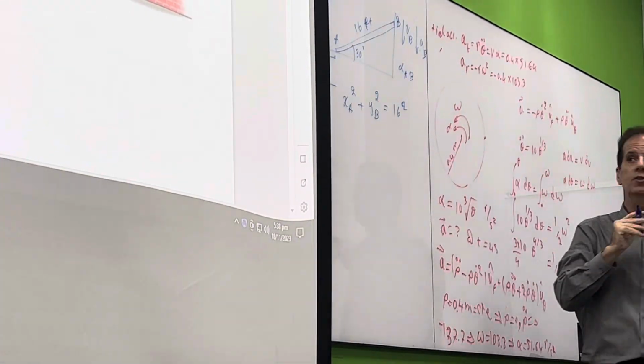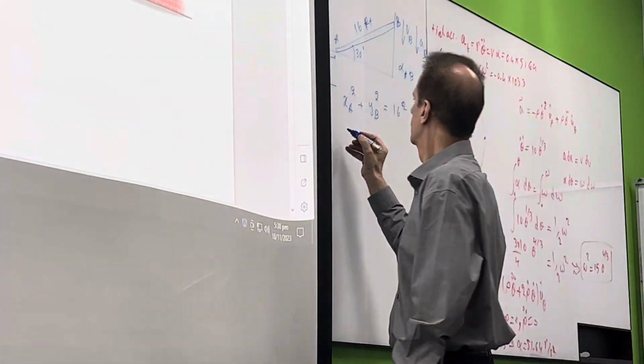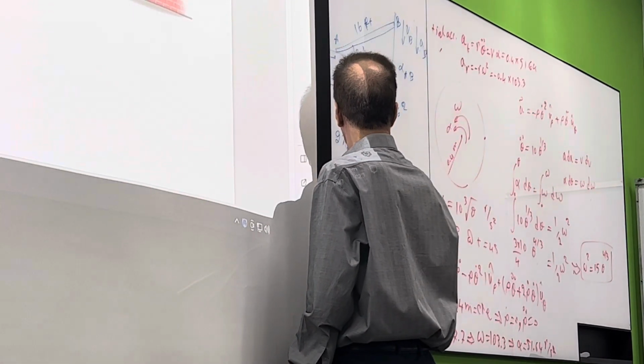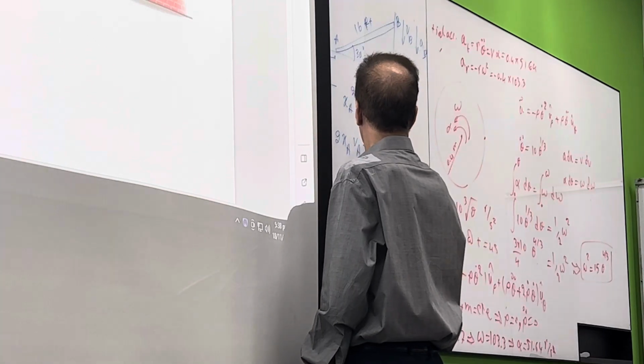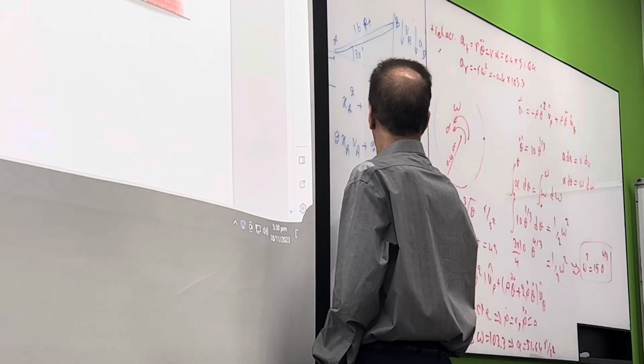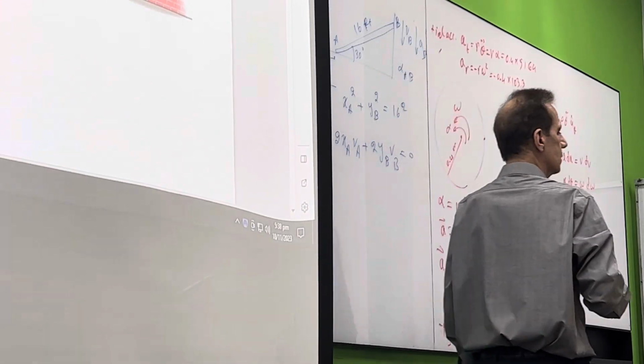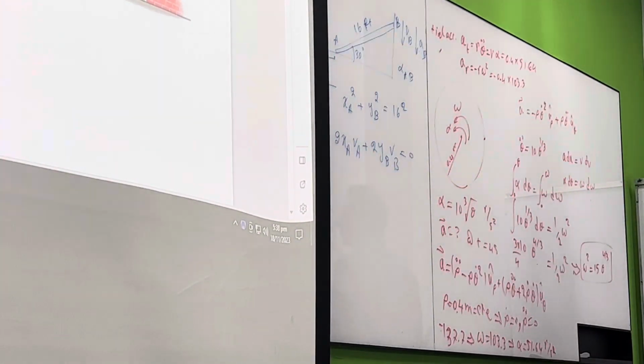Now I'm taking the derivative of that equation. It says 2 xA VA plus 2 yB VB is equal to 0. Is that right?